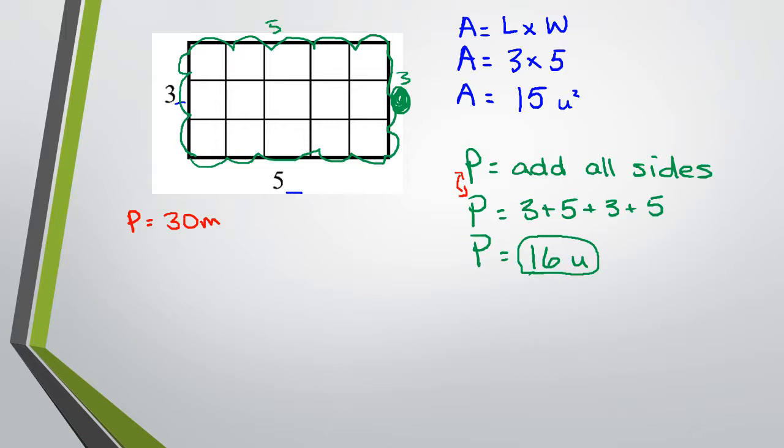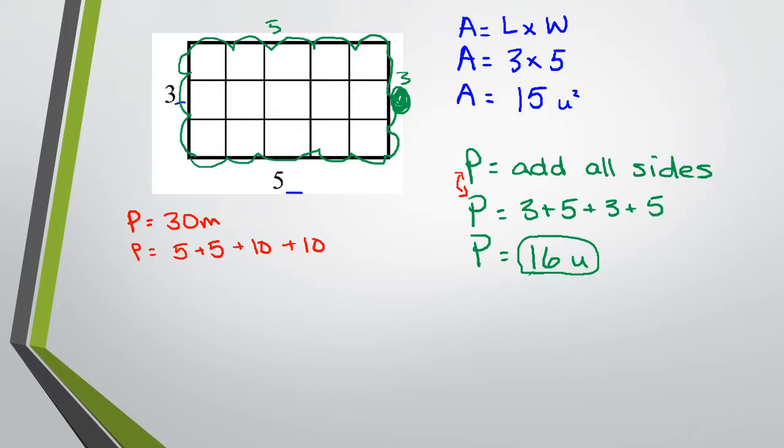And so maybe one side was 5. So that would mean the other side has to be 5. That's 10. There's 20 left. Okay, does that add up to 30? 5, 10, 20, 30.